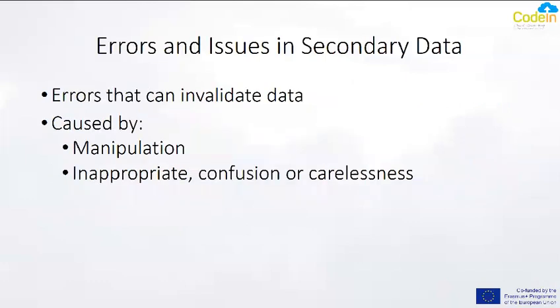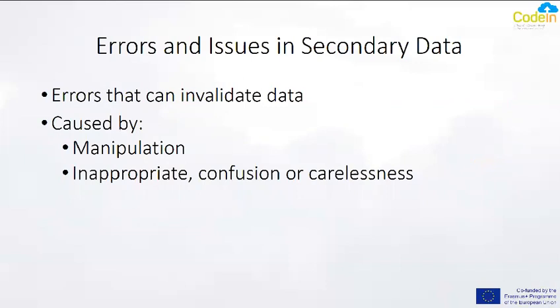Now, we will discuss errors and issues in secondary data, beginning with errors that can invalidate data. Sometimes, the organization gathering data may manipulate data to meet a purpose unknown to others, or the collecting agency may want to show that the organization's goal is met, leading to manipulation.